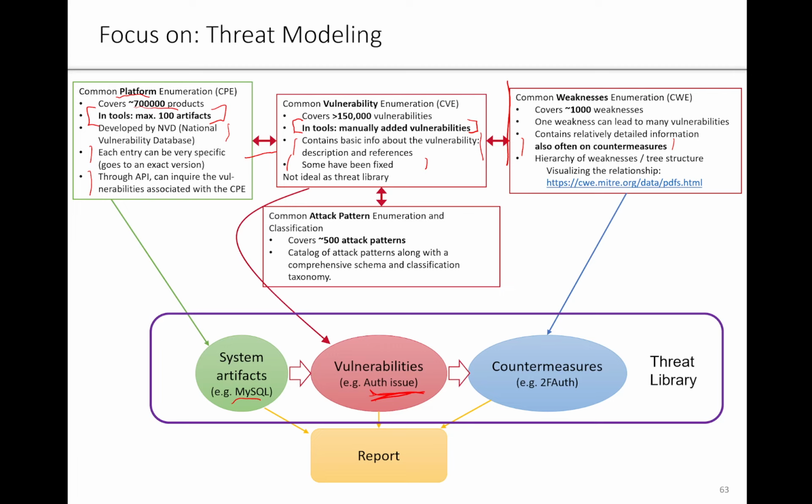So, in order to avoid privilege escalation, you need to introduce some two-factor authentication, for example. So basically this is the threat library. It lists, for the various selected artifacts such as MySQL, Debian, a list of common vulnerabilities and some countermeasures. And this is what is given in the report based on what kind of system artifact you have selected.